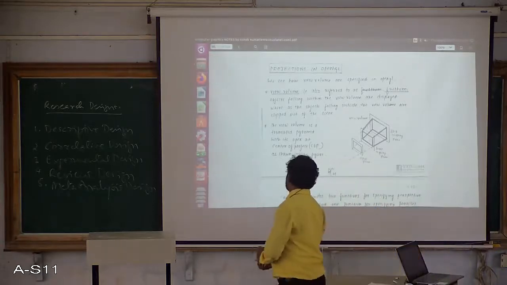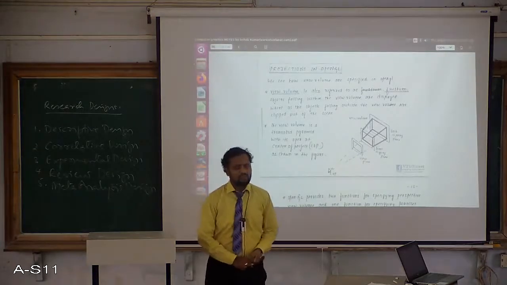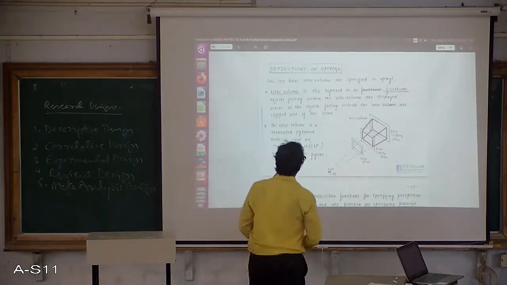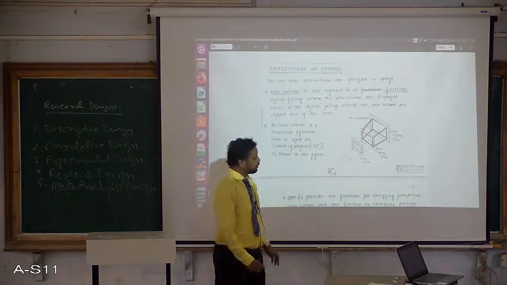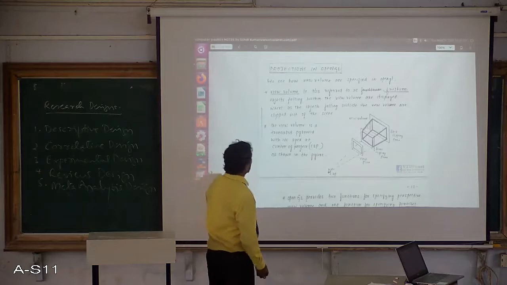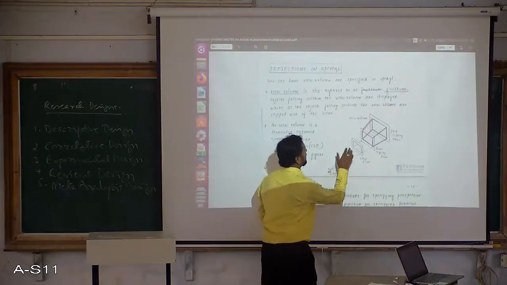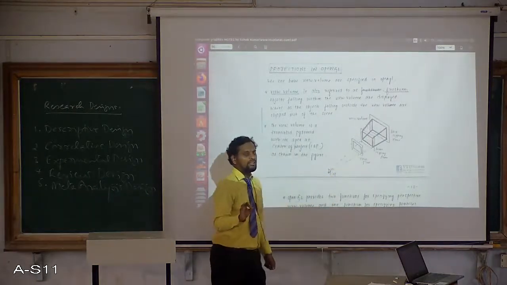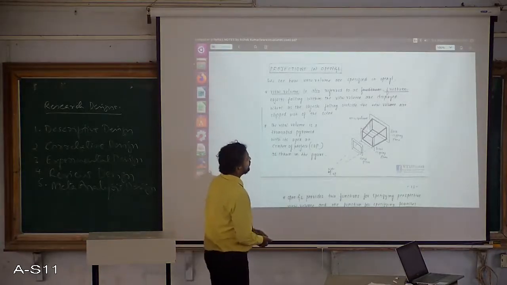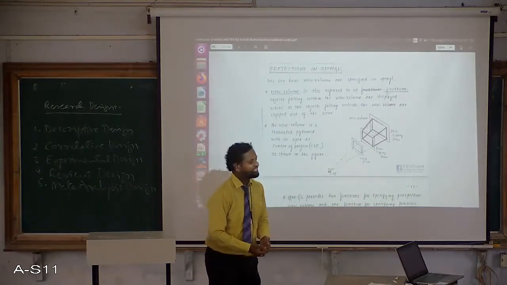A view volume is also referred to as a frustum. In the exam, they may ask you to explain this. Once that question comes, this is the answer, and you should draw this kind of figure. Objects falling within the view volume are displayed, whereas objects falling outside the view volume are not displayed.